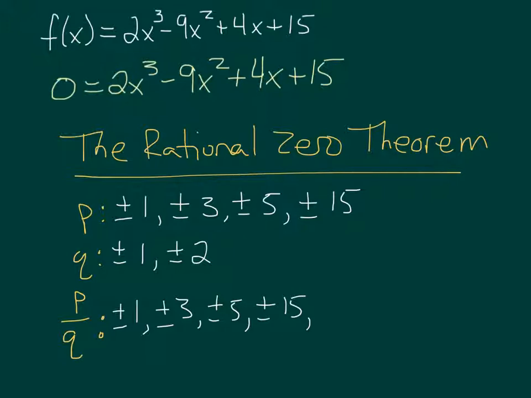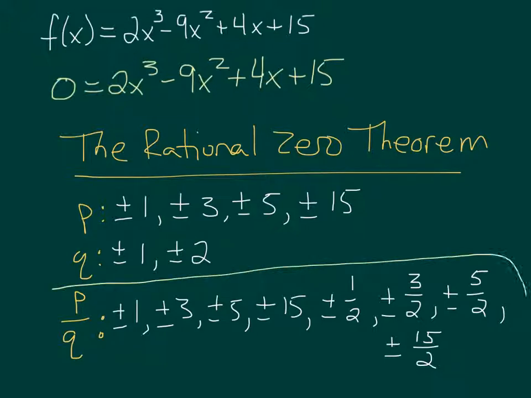But we would get plus or minus 1 over 2, plus or minus 3 over 2, plus or minus 5 over 2, and then finally plus or minus 15 over 2. These are the big ones right here.